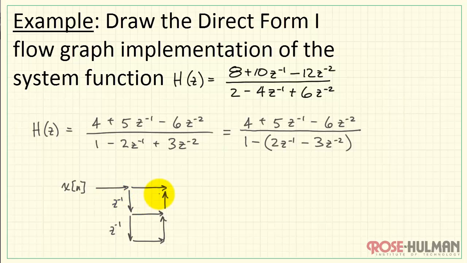And x of n passes into this structure, and then the standard layout is the b coefficients, that would be the numerator coefficients, starting with b0. And b0 is right here. That would be the 4, the 5, and the minus 6. I can then directly translate those onto my flow graph.